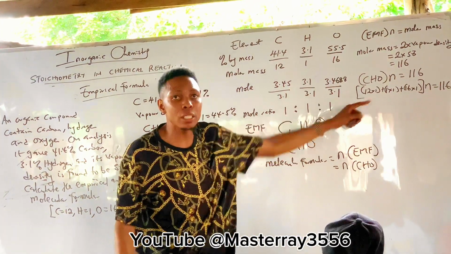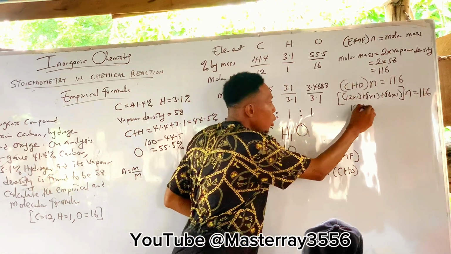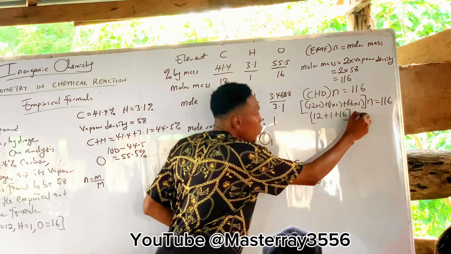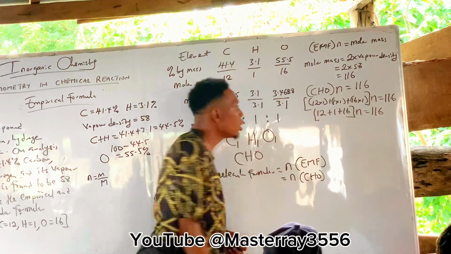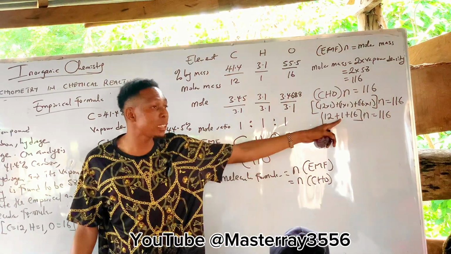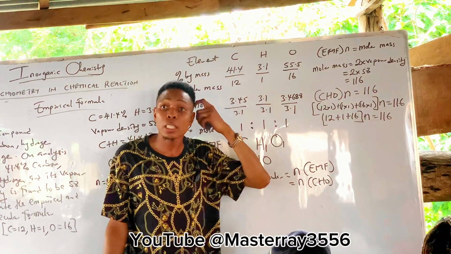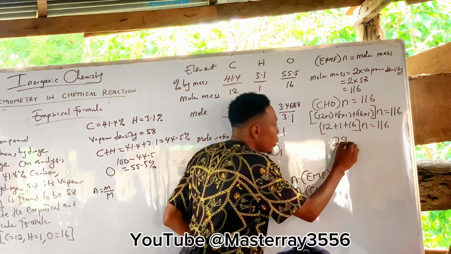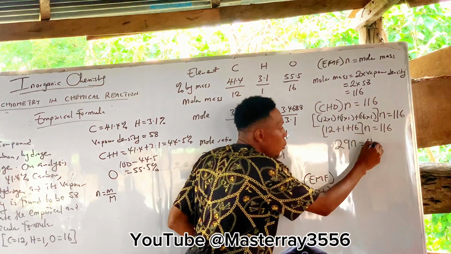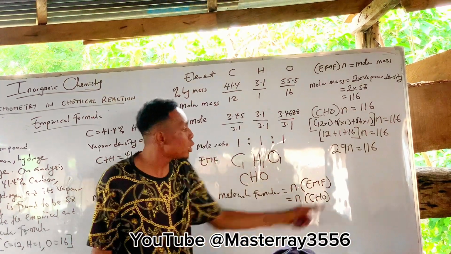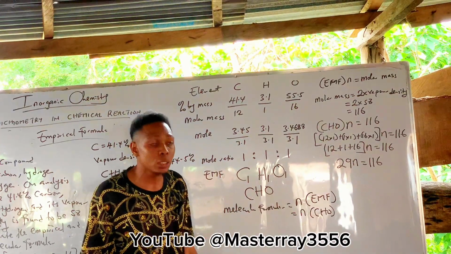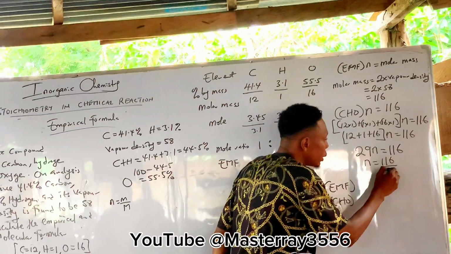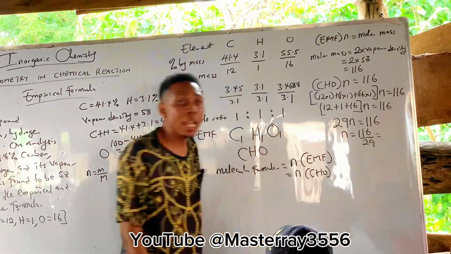So 12 plus 1 plus 16, times N equals 116. 12 plus 1 is 13, 13 plus 16 is 29. So 29 times N equals 116. To get N, divide both sides by 29. So N equals 116 divided by 29. What do we have? 4.